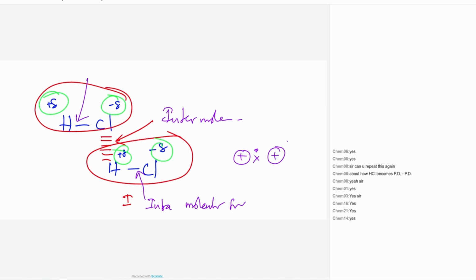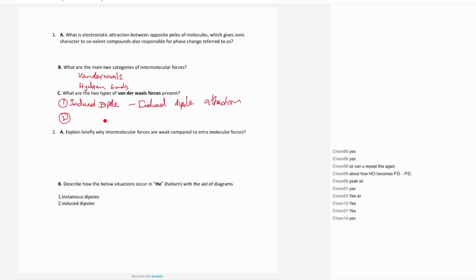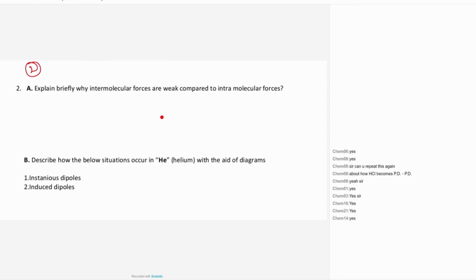Okay. So we write the answer for that. Explain briefly why intermolecular forces are weak compared to intramolecular forces. Write the answer.